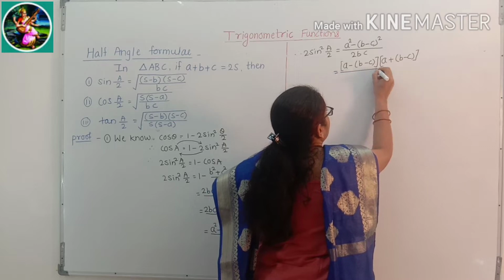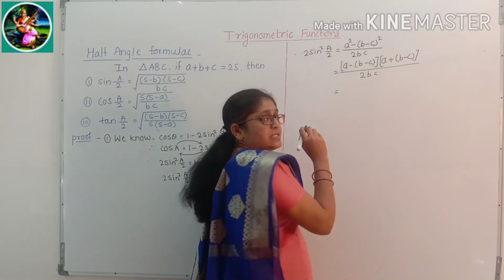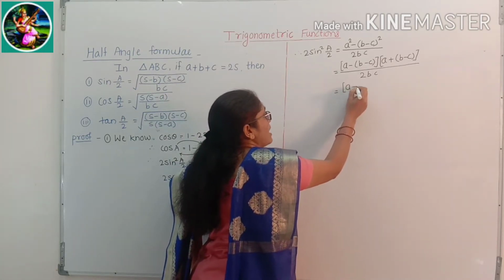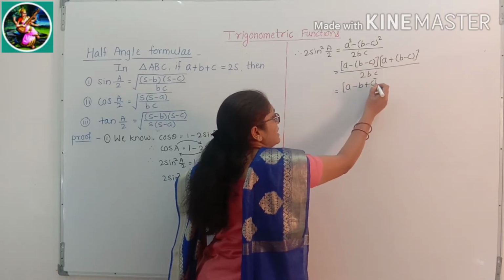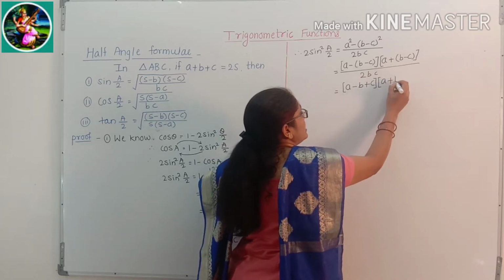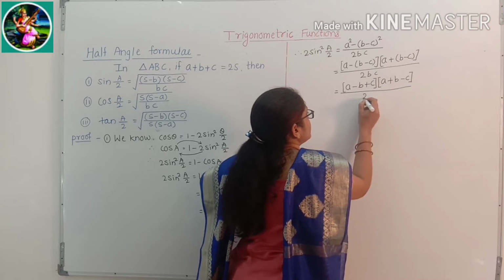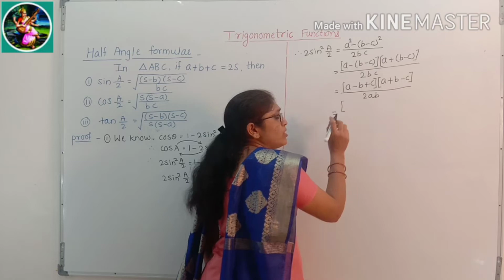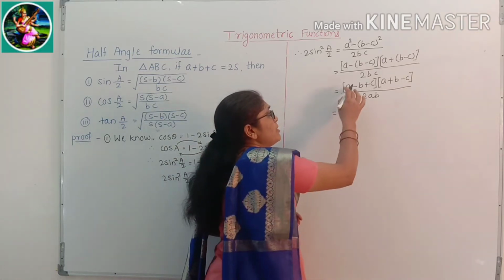This divided by 2bc. Here we solve the brackets first: a minus b, that minus becomes plus c, and in the second bracket a plus b minus c, divided by 2bc as it is. That is equal to, here we put again the brackets and interchange the positions of the terms.